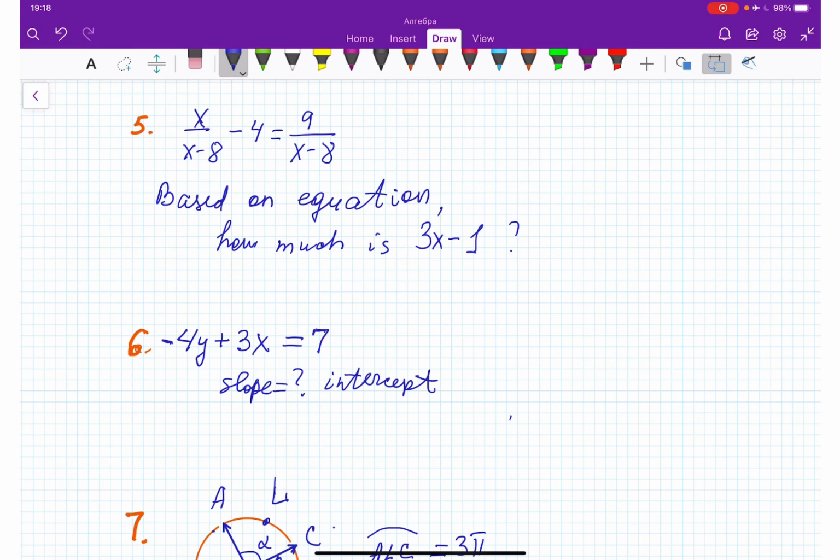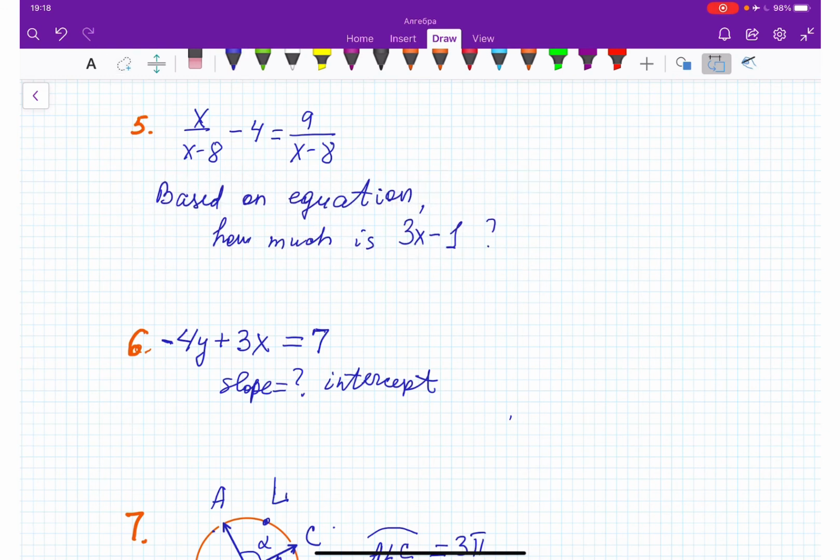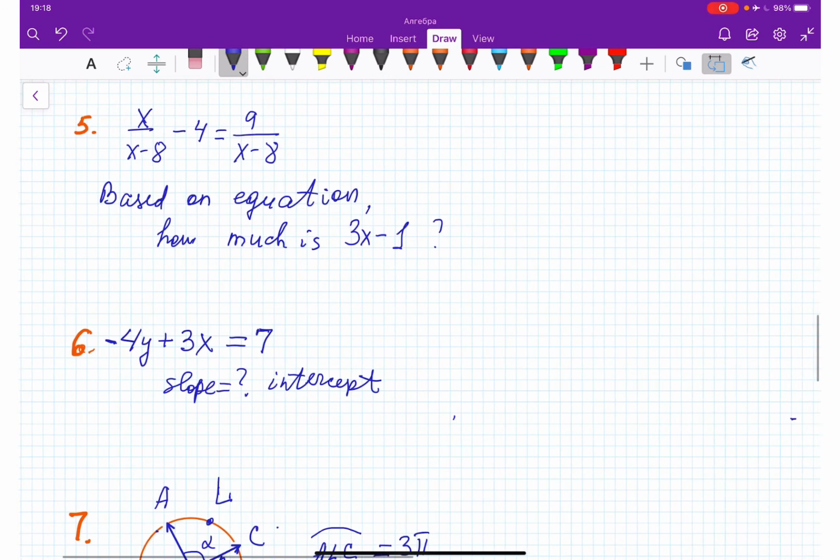Given a rational equation, based on the given equation we need to find 3x minus 1. How much is 3x minus 1? Okay, let's solve it.